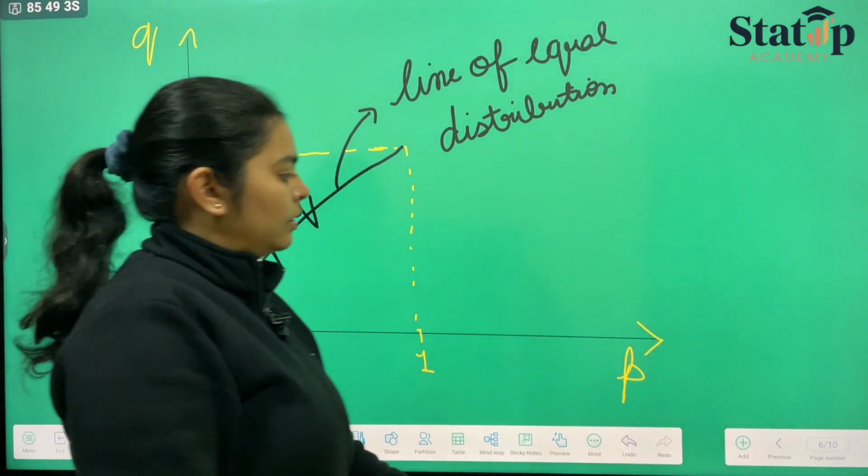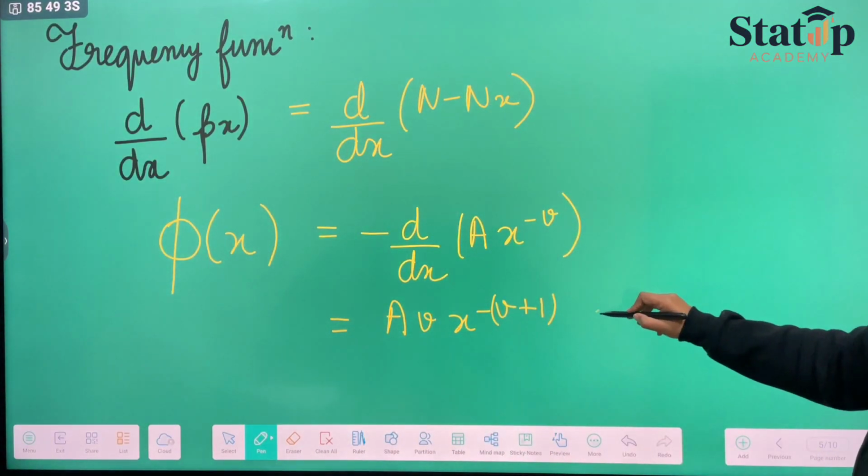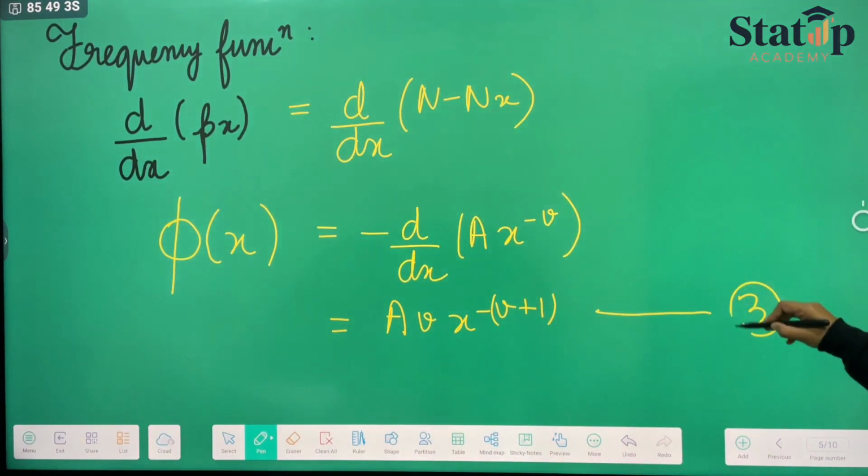Okay. Now in the previous one, let us take this as equation number 3.